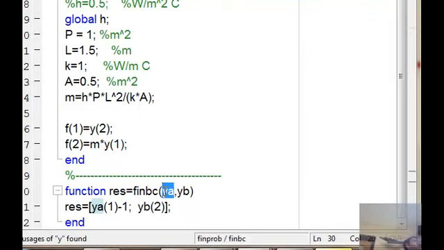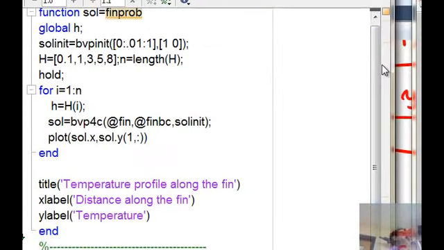The question then is, how do I tell the problem what the x range is? Where in the code am I telling it that I need to solve this for the independent variable going from 0 to 1? Where did I do that? Again, it's in BVPINIT. So if I change that 1 to 0.5, then it says solve from 0 to 0.5.